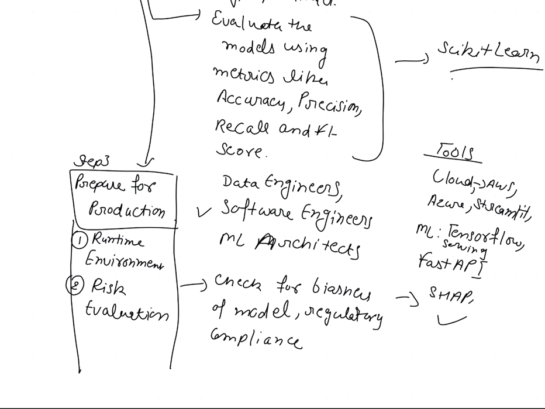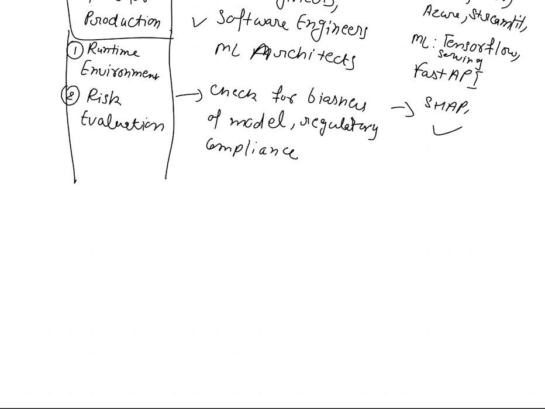Okay, so now we will move ahead with the next part of the same process. This is quality assurance. This is also an important part. So now you have set up the runtime environment, risk evaluation is done, and now quality assurance.